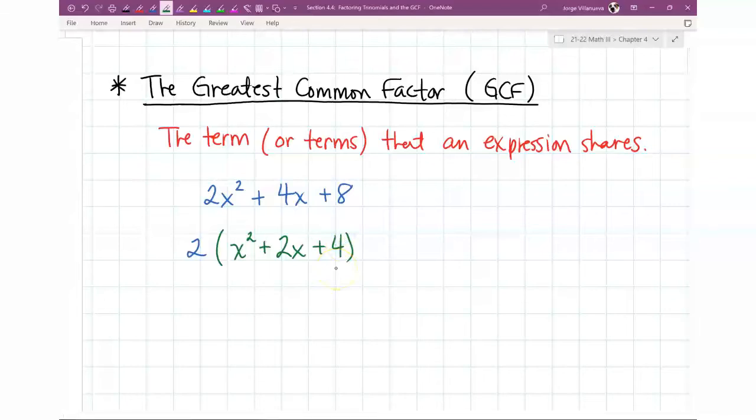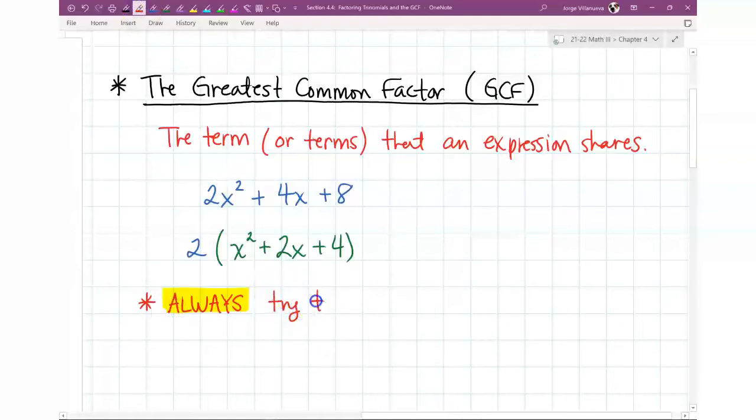That is the very first thing you should always ask yourself, okay? So I'm going to write that down right here. Always. I'm going to highlight that, okay? Super important. Always try to factor the GCF first, if possible.